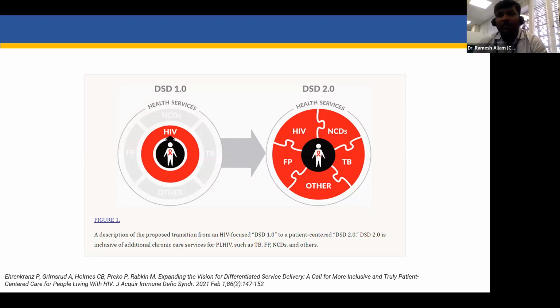Now, on my right, you see that there is differentiated care 2.0, where HIV becomes a part of the management or providing care to the PLHIV, and all others also have an equal share of providing care. For example, it's HIV, it's family planning services, tuberculosis, NCDs, and any other. So this is the vision change that we need to see in the differentiated service delivery models that we have to take forward.